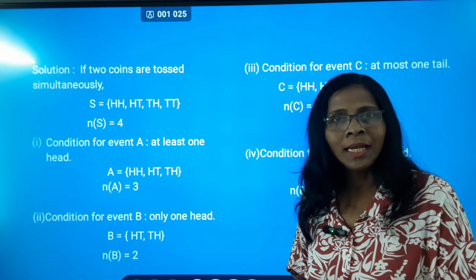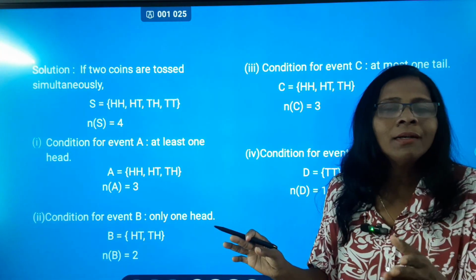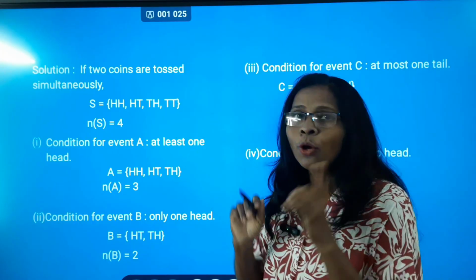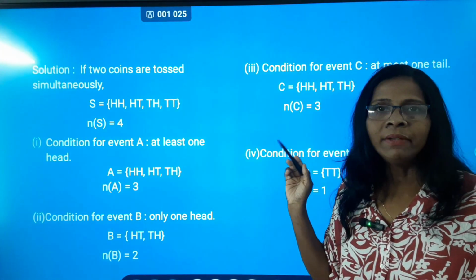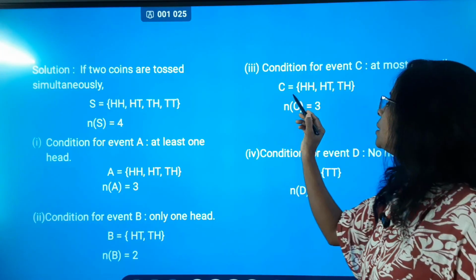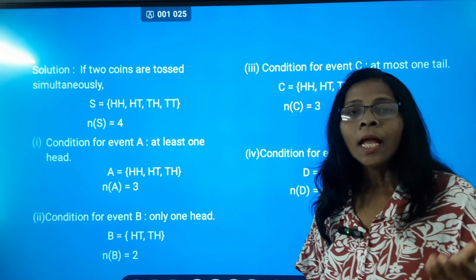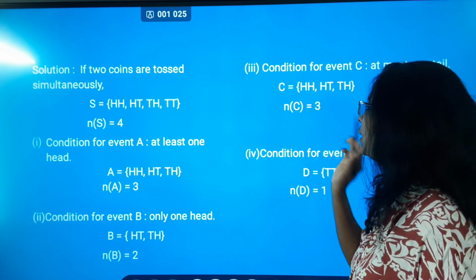At most one tail means that even if the outcome does not include a tail, it is still a favorable outcome. So HH, yes, we take it in this event. HT, yes. TH, yes. But what about TT? At most one tail means a maximum of one tail, so we do not take two tails. TT is not included in this event C. So C is equal to HH, HT and TH, and n of C, the number of sample points, is equal to 3.